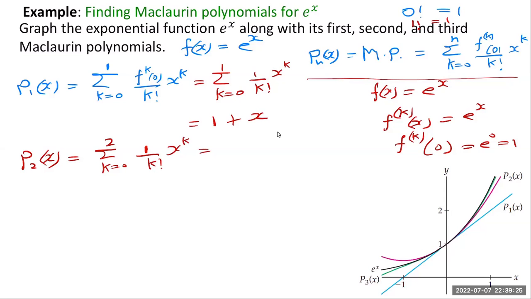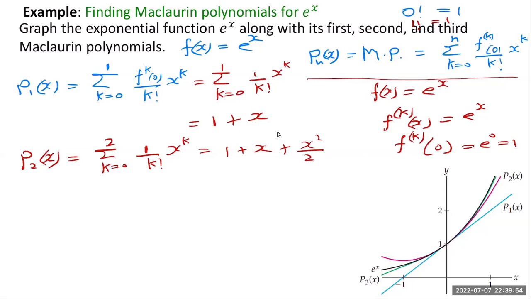If you plug in k is equal to 0, you get 1. If you plug in k is equal to 1, you get just x. And if you plug in k is equal to 2, you get x squared divided by 2. This is the second Maclaurin polynomial.